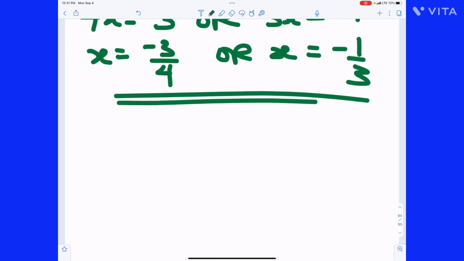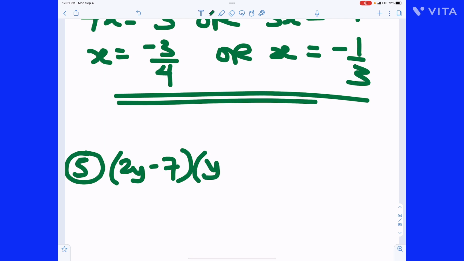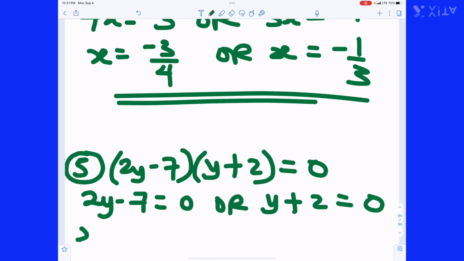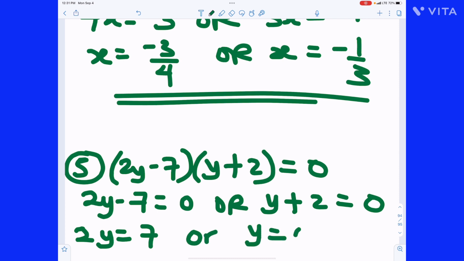Number 5. Open bracket 2y minus 7, close bracket, y plus 2, is 0. 2y minus 7 equals 0 or y plus 2 is 0. 2y equals 7 or y is 0 minus 2. You understand? I'm skipping that step. 0 minus 2 will give you minus 2.